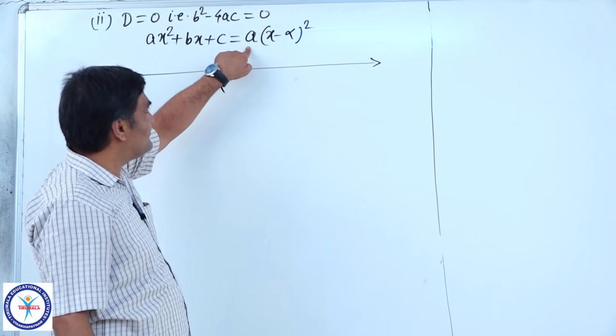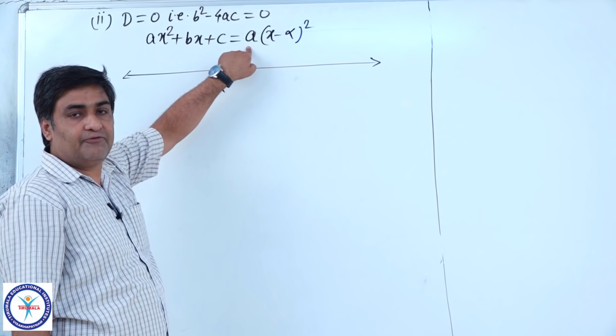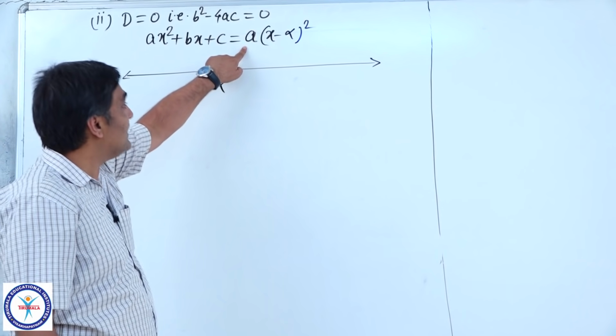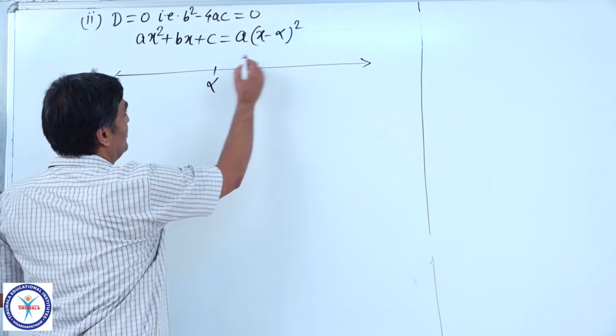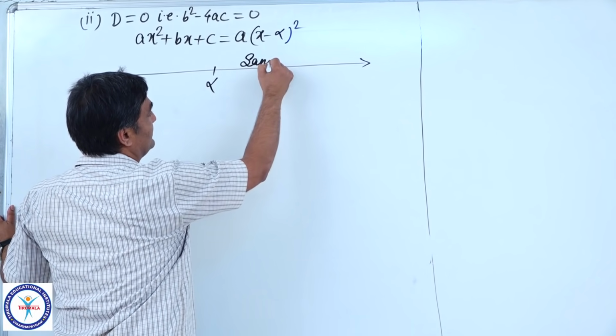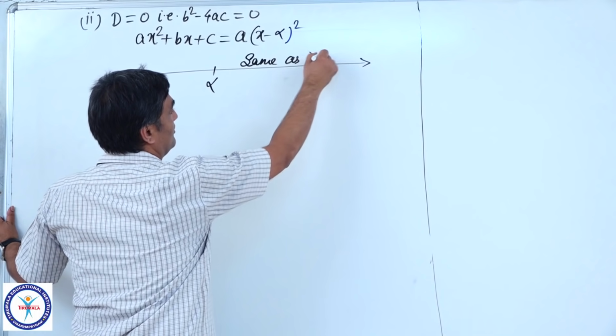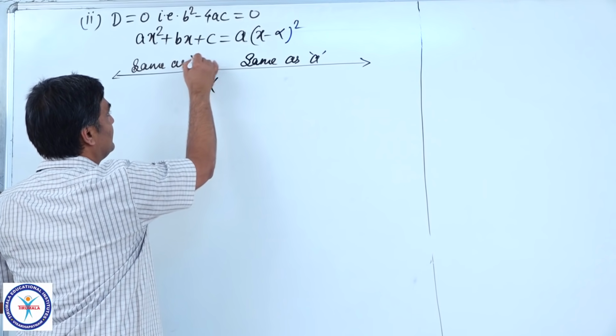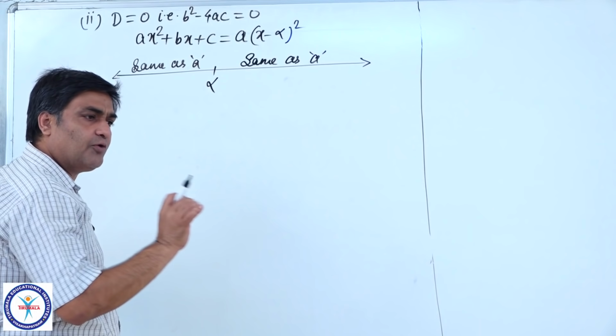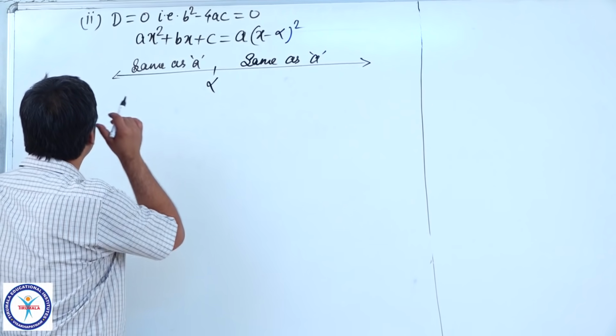So, if a is positive, the sign will be positive. If a is negative, the sign is negative, both sides. So, in this case, both sides same as a, same as coefficient of x square.